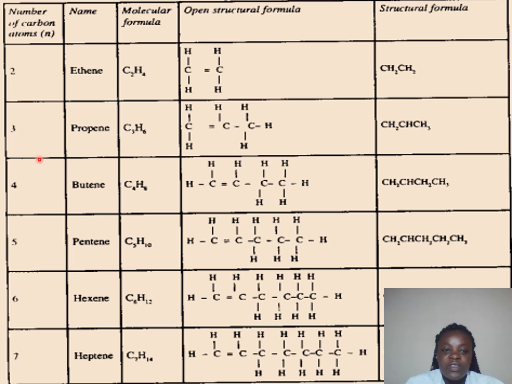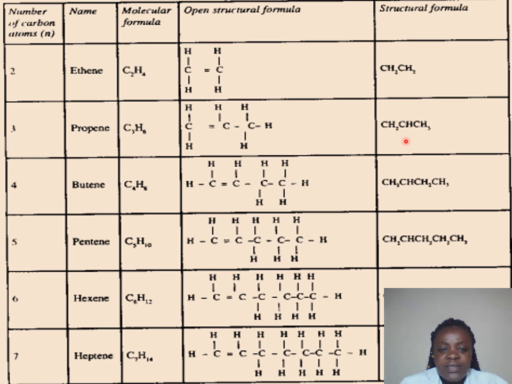From there we go to alkene number 2, which is propene. Propene has 3 carbon atoms and 6 hydrogen atoms. This is its open structural formula, and this is its closed structural formula.